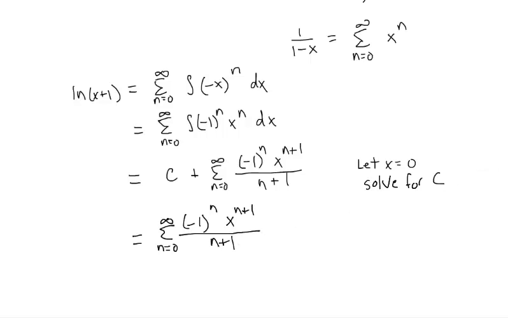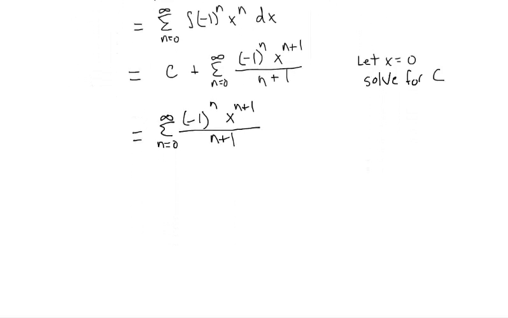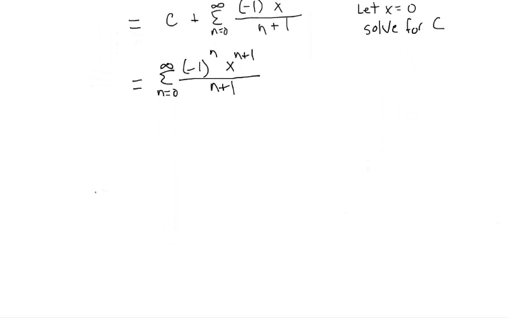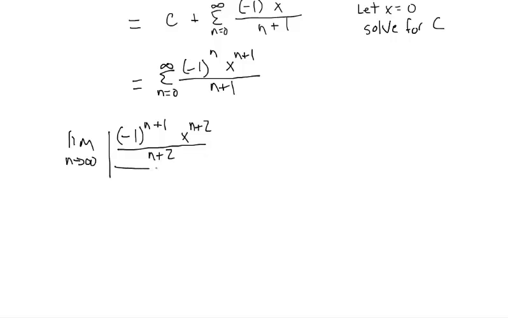And now in order to find our interval of convergence, we're going to use the ratio test. So we're going to have the limit as n goes to infinity of negative 1 to the n plus 1 x to the n plus 2 divided by n plus 2, all divided by a sub n, so negative 1 to the n, x to the n plus 1 divided by n plus 1.